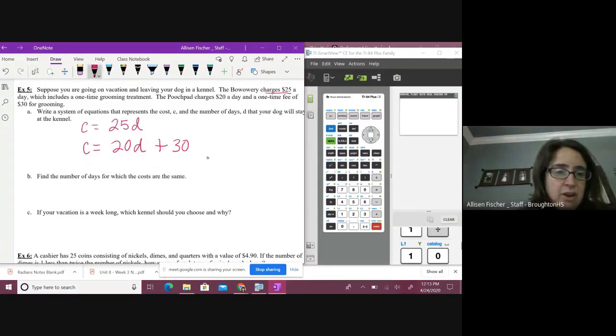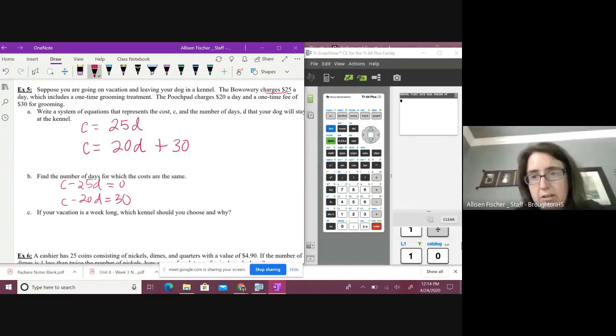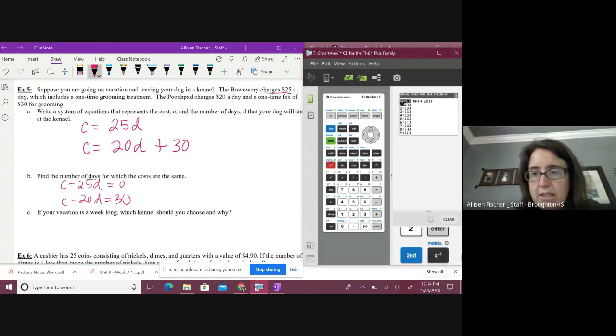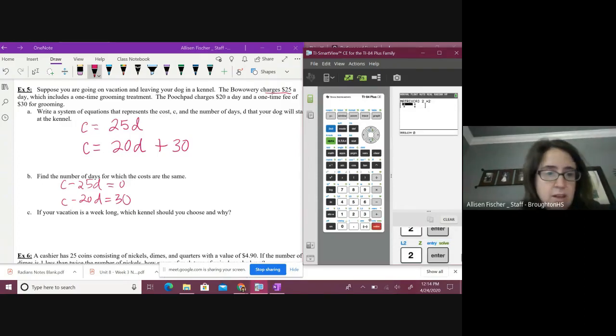So I would bring all the variables to one side. So C minus 25D equals 0, and then C minus 20D equals 30. And so we would put that into our matrices. You would come over here and do second matrix and edit matrix A into a 2 by 2.